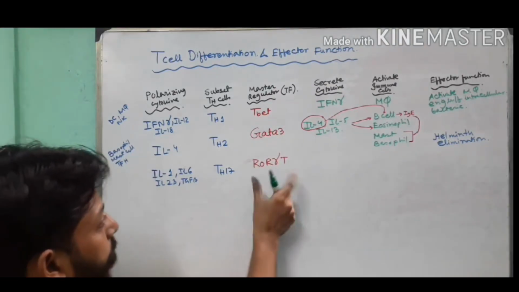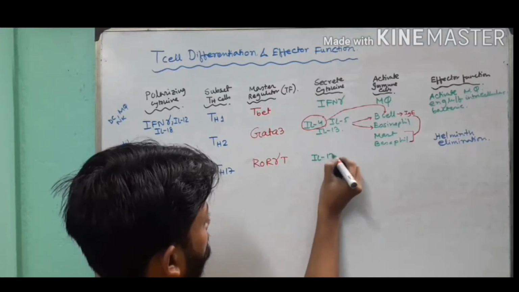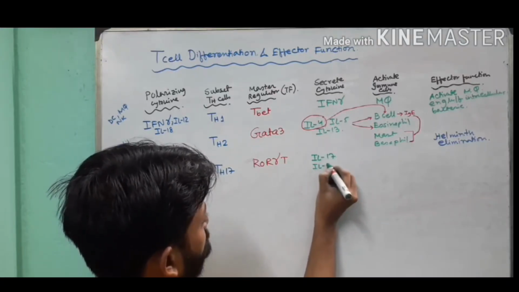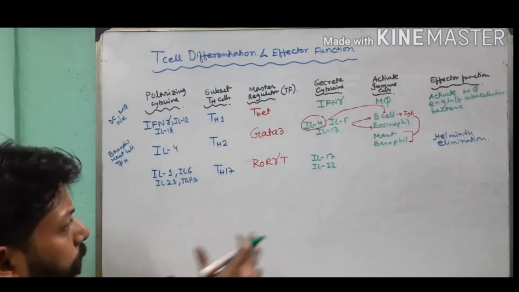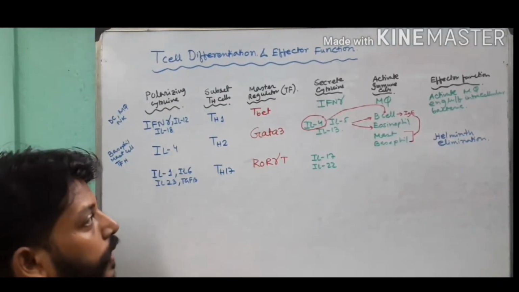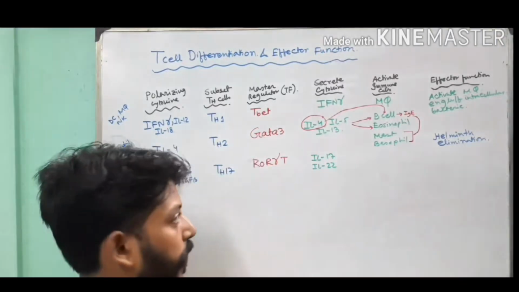These cells secrete cytokines like IL-17 and IL-22. These are the two major important cytokines secreted by these cells.